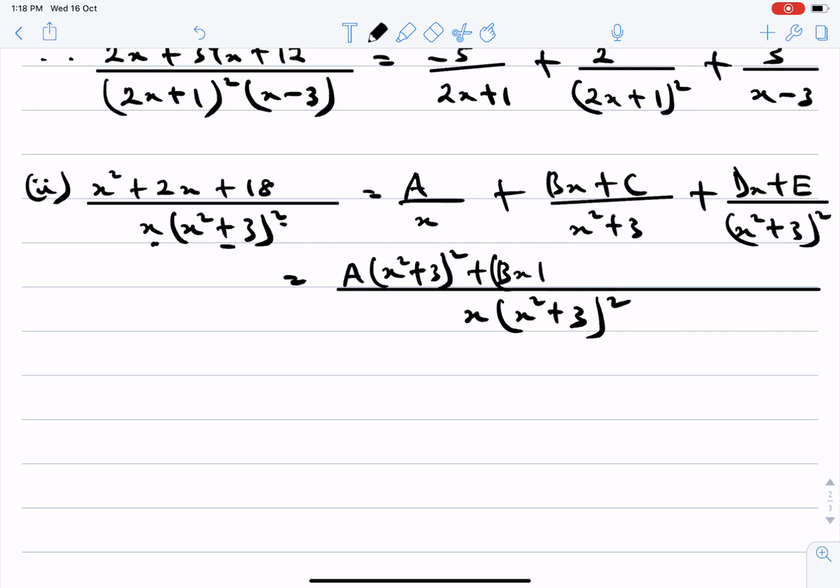Plus bx plus c times x squared plus 3, plus dx plus e.